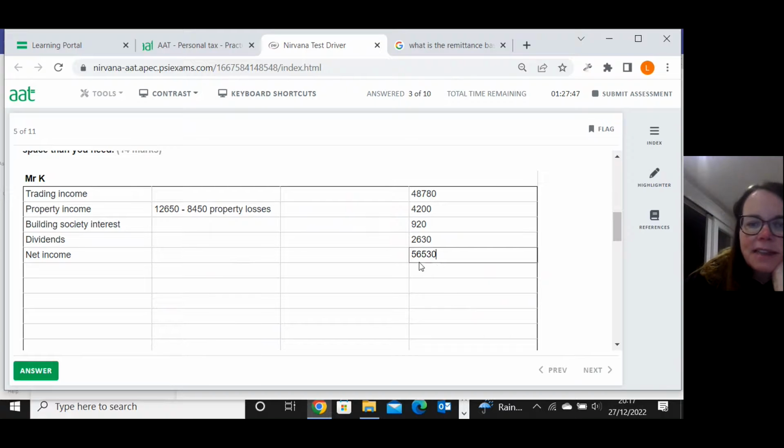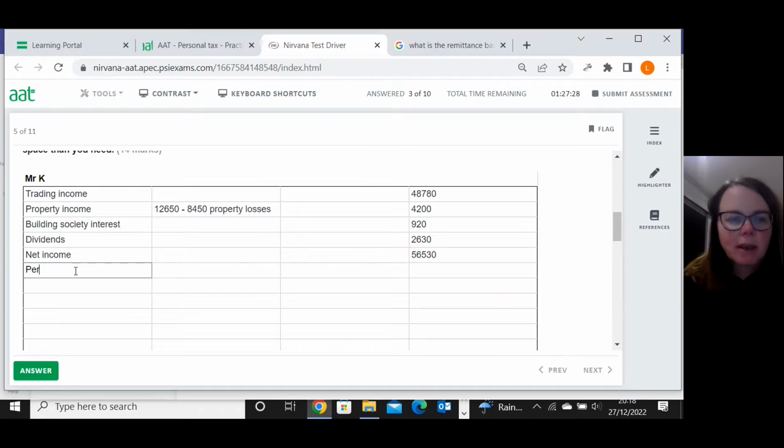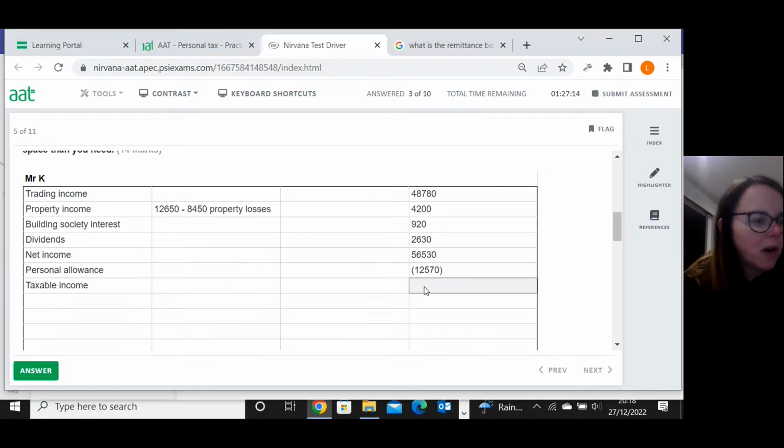Right, so he is a higher rate taxpayer. So I'm already thinking he's going to have £500 of savings allowance, but he's not high enough to have to worry about adjusting his personal allowance. So we can show that the 12,570 will be deducted to give him a taxable income figure of 43,960.